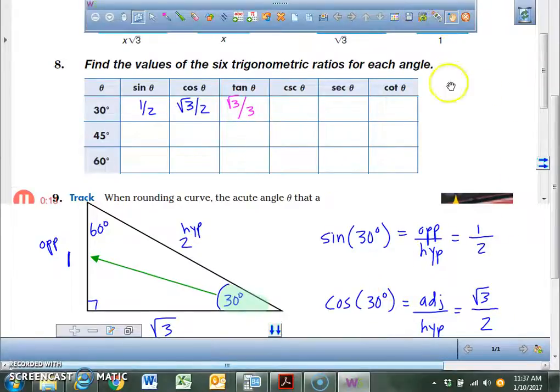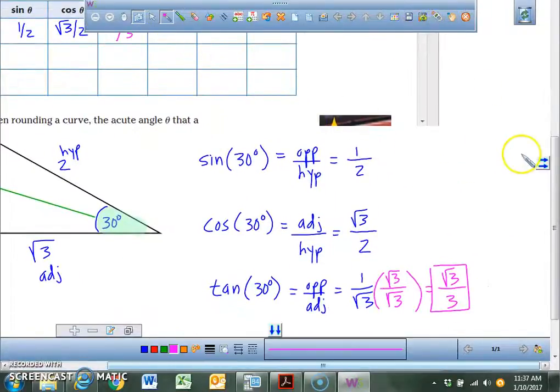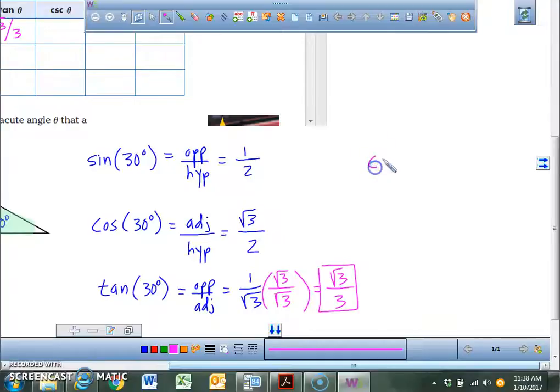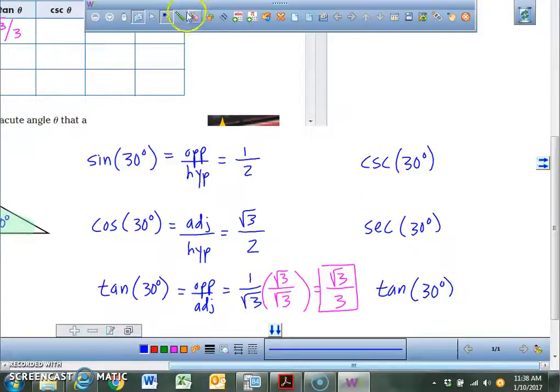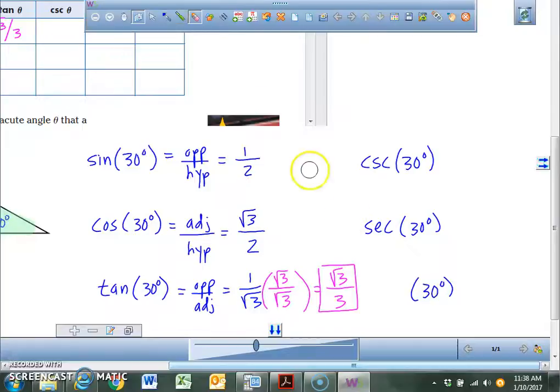Let's keep moving forward. What are the next 3 that we're going to do? We're going to change colors here. The cosecant of 30. We're going to do the secant of 30. And we're going to do the cotangent.